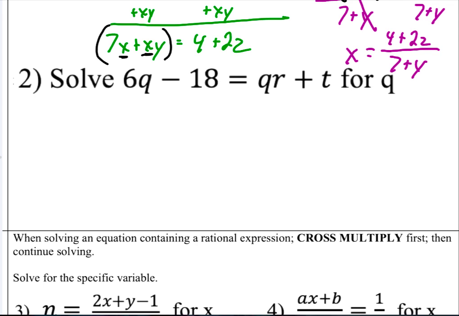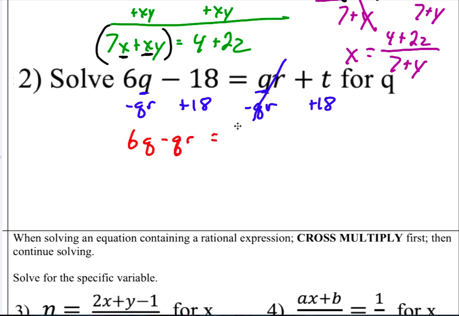All right, next one, we're focused on q. So we want to focus on that q. So I'm going to subtract the qr from both sides. And I'm going to add the 18 to both sides so that the q's are all by themselves. So I have 6q minus qr. And then over here I have t plus 18. Now I have two terms with the q in them, so I'm going to factor the q out of each of those terms.